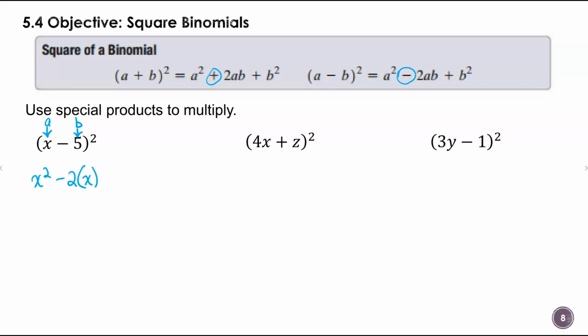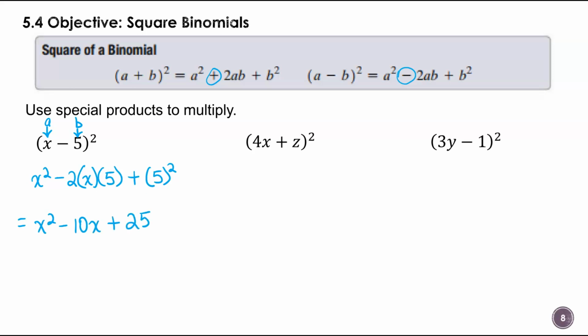So x times 5, there's my A and there's my B, and then plus B squared, which would be the 5. Now notice I didn't put the negative with the 5 because I put the negative right here with the 2, and that takes care of it for this question. I simply simplify that: x squared minus 10x plus 25.